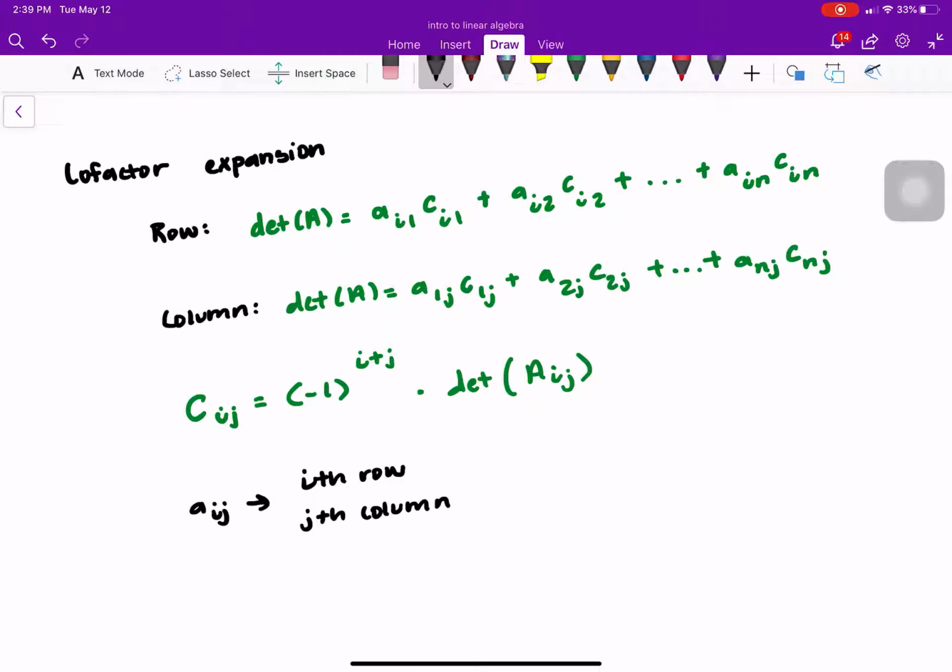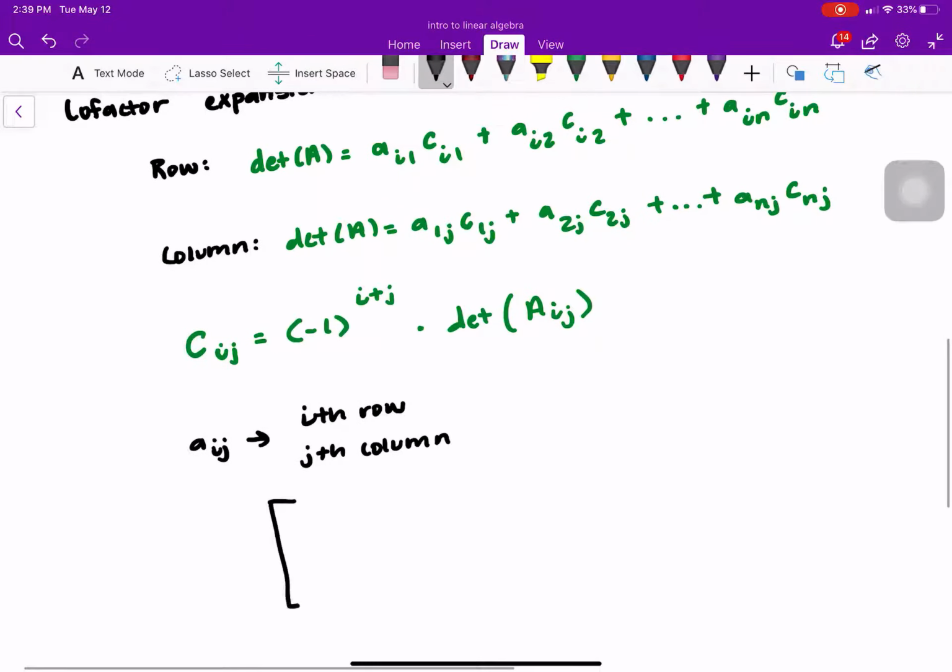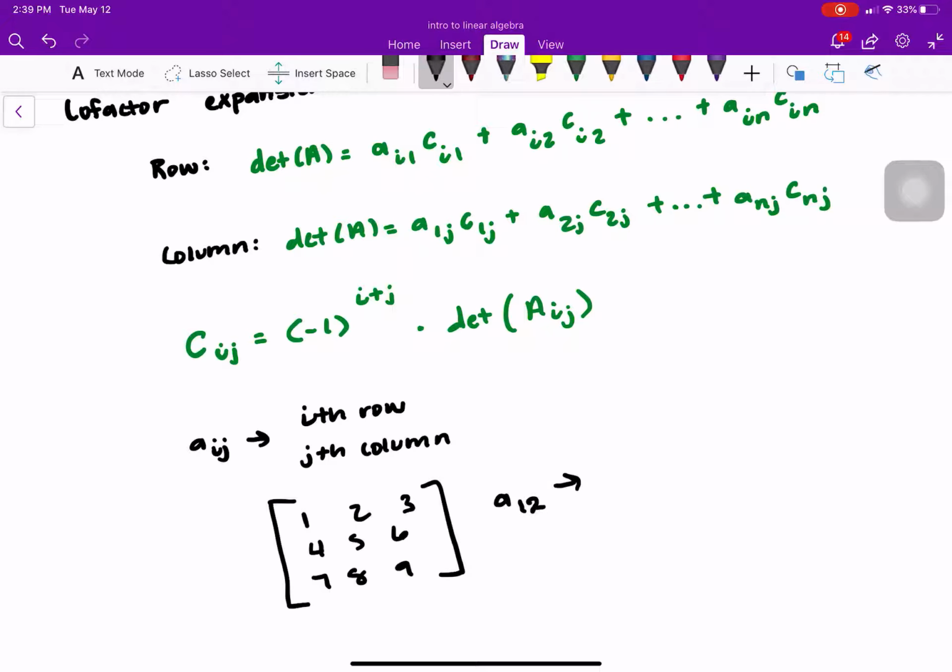For example, say we have a quick matrix: 1 2 3, 4 5 6, 7 8 9. If we're looking for a_12, this means we're looking for the element in the first row, second column. Good thing this isn't an English course.